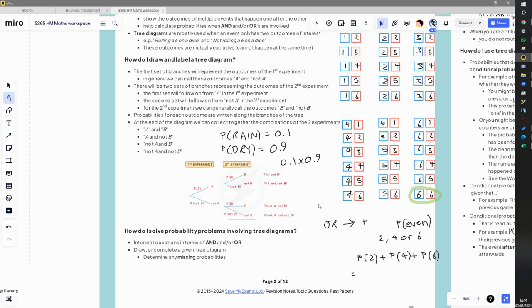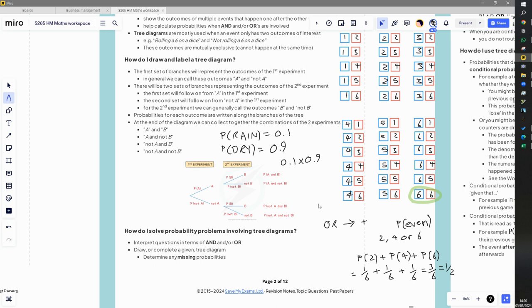The probability of rolling a 2 is 1/6 because there's only one 2 on a six-sided die. This is going to be 1/6 as well for the same reason, and this is going to be 1/6. And so we have 3/6, which is equal to 1/2. That makes sense because half of the numbers on the die are even, so we expect the probability of even to be half.